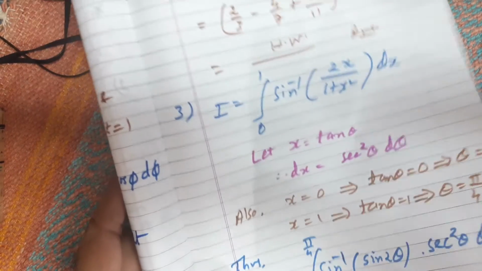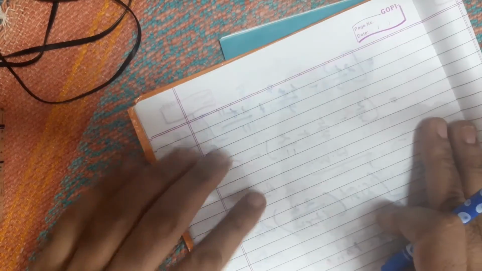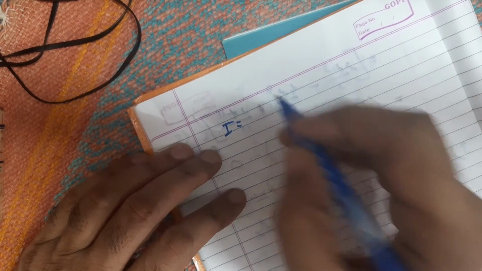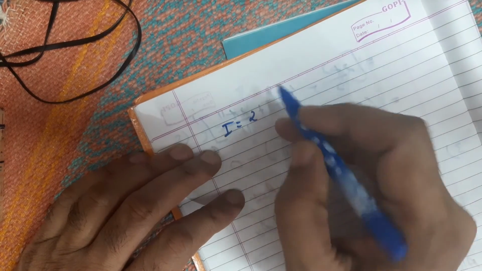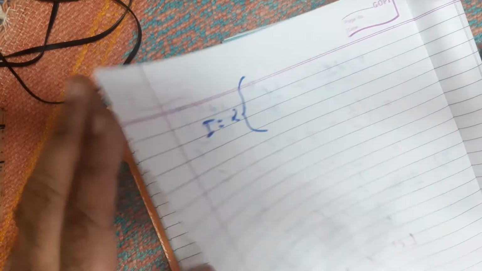Okay, so that I am writing on the next page. I is equal to, now see, 2 is outside, or if you want to keep 2 inside, no problem. Now be careful, the uv formula with the limits.